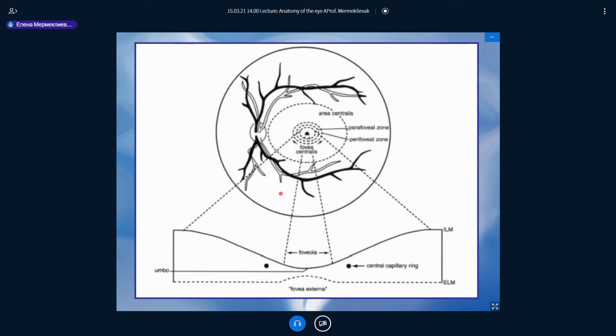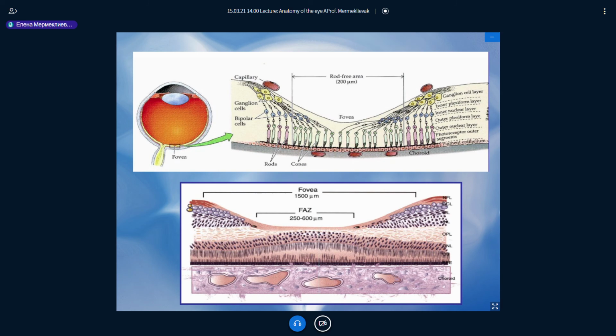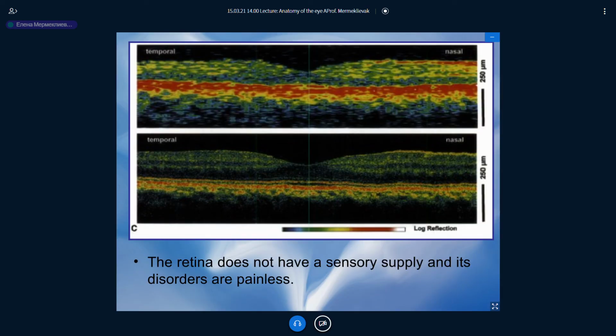And the rods are responsible for the movement in space and for the black and white vision. Here, where the fovea is, we have only photoreceptors. We don't have the inner layers of the retina. Again, OCT, optical coherence tomography, where we can see all the layers of the retina.